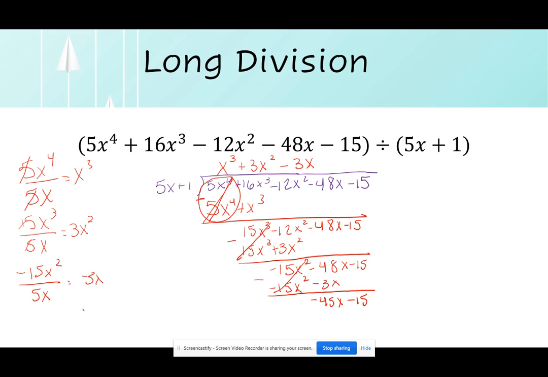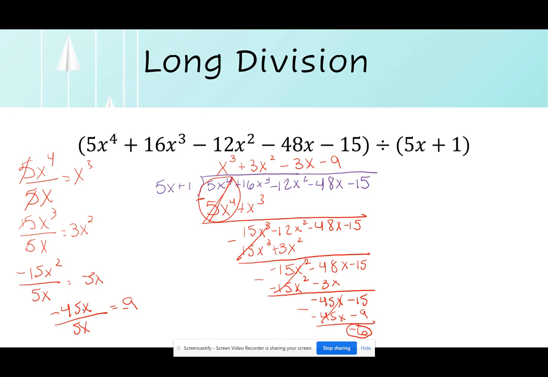Divide again, so we have negative 45x divided by 5x equals just negative 9. So we're going to add a minus 9 up here. Then multiply it out, negative 45x minus 9. They cancel out. We get negative 15 plus 9 since we're subtracting a negative, so we get negative 6.